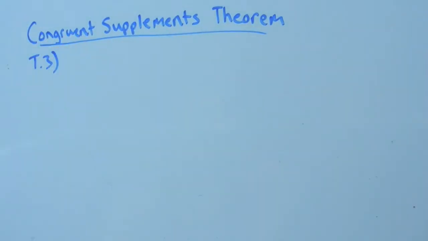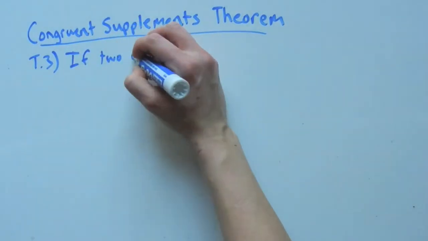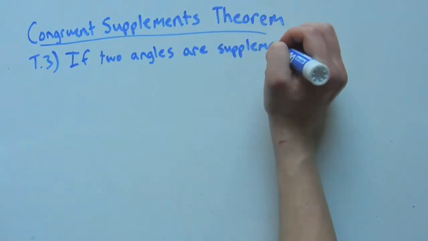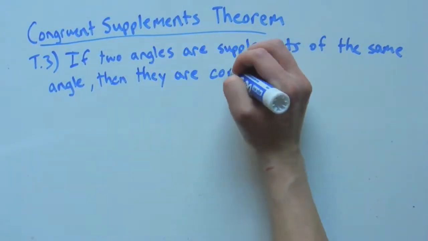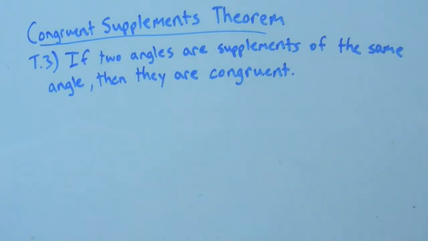The congruent supplements theorem is the third theorem we're going over in this geometry series, so I'm going to name it T3. And T3 states that if two angles are supplements of the same angle, then they are congruent.